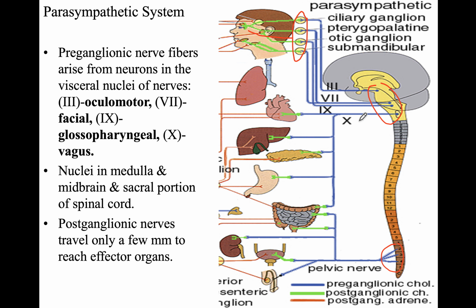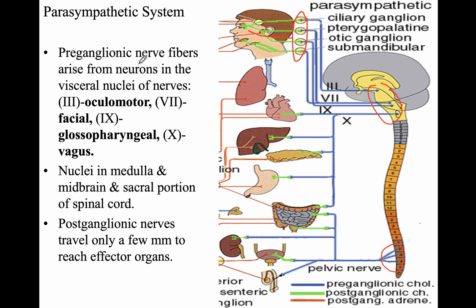As we can see here, usually the preganglionic fiber or nerve is very long compared with the postganglionic nerve. The first neuron has a very long fiber compared with the second neuron, which has very short nerves.